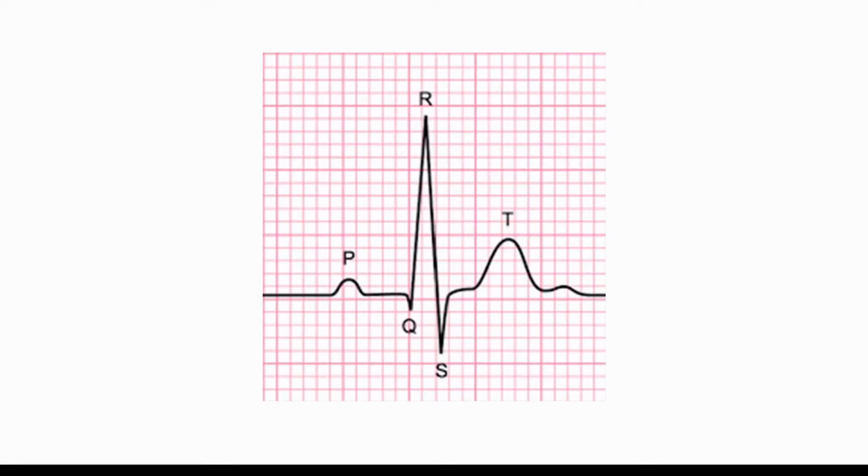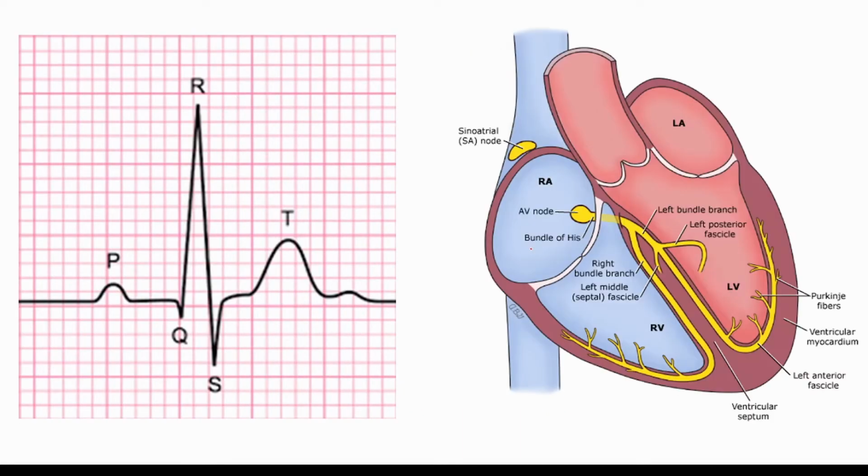So now here we see a very normal ECG trace. Okay, we have all the relevant waveforms, the P wave, the QRS complex, and the T wave. And here we see all the relevant structures of the heart which lead to these particular waveforms. The P wave, which is also known for atrial depolarization, deriving from the SA node.